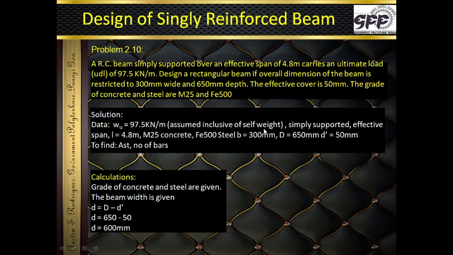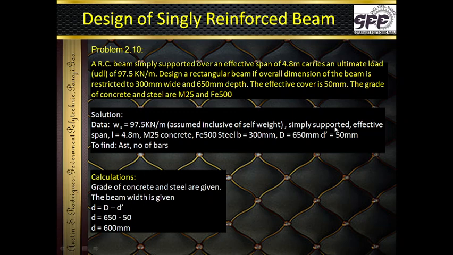As mentioned earlier, since it is not mentioned whether it is inclusive of self weight or without, and since the dimensions are already known, that the width is 300 mm and the overall depth is 650 mm, we can safely presume that this ultimate load also carries with it the self weight of the beam. So that is what we have assumed.